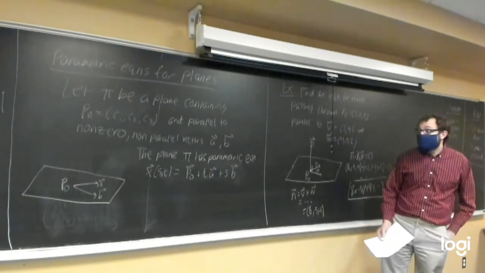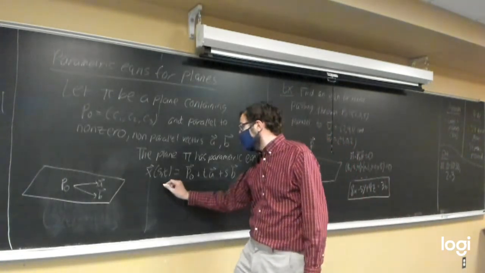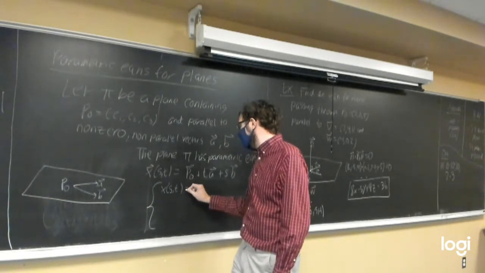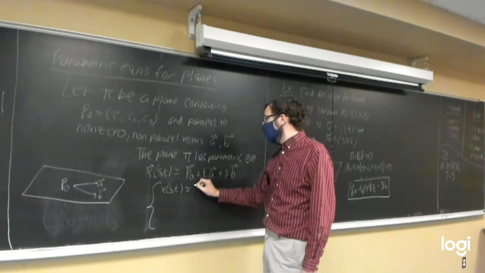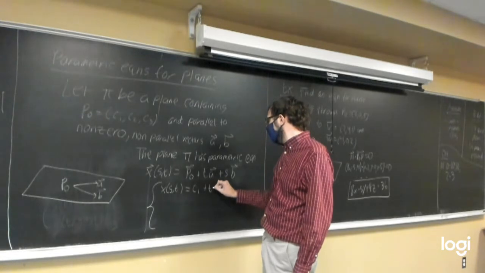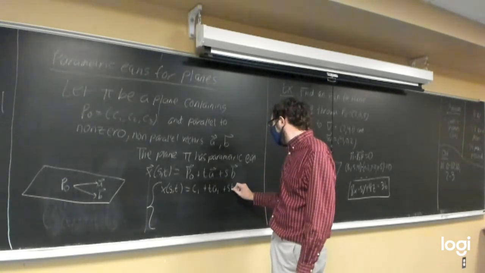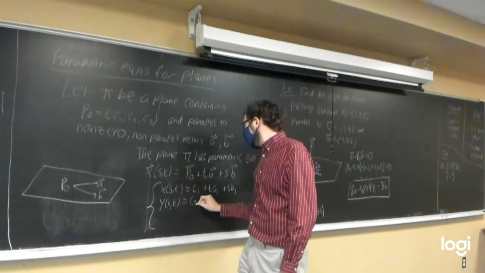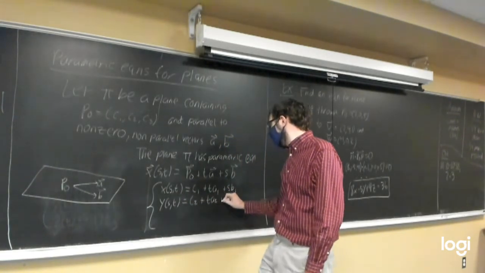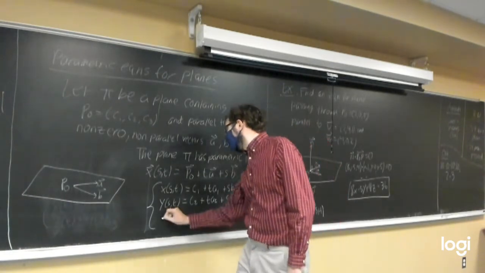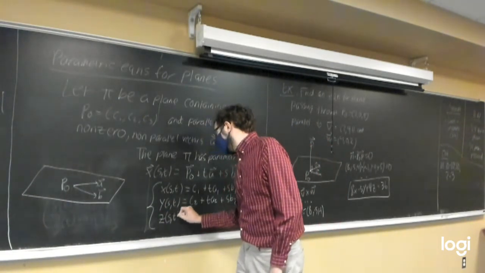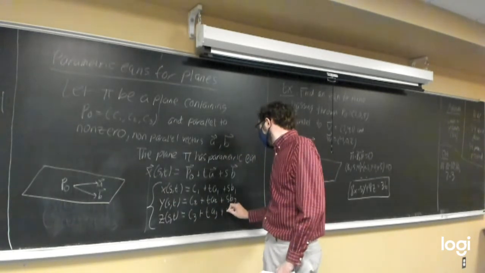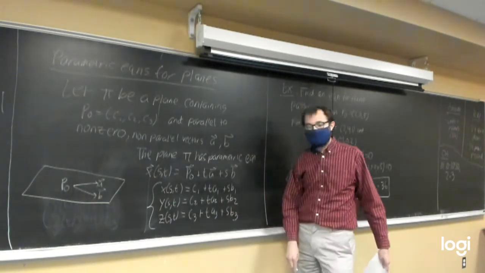So in other words, if you wanted to write this out using x, y, z coordinates, you could write it as x of st is going to be c1 plus t times a1 plus s times b1. Y of st is c2 plus t times a2 plus s times b2. And z of st is c3 plus t times a3 plus s times b3.